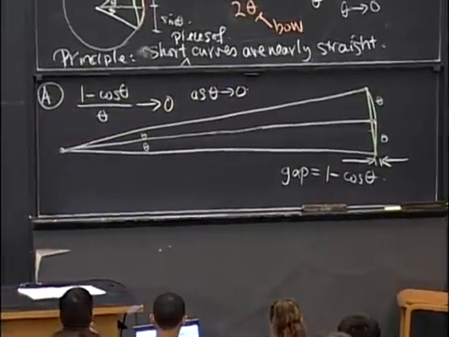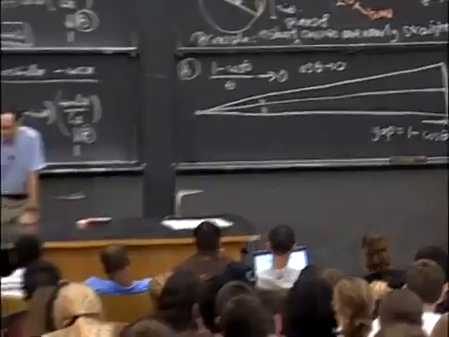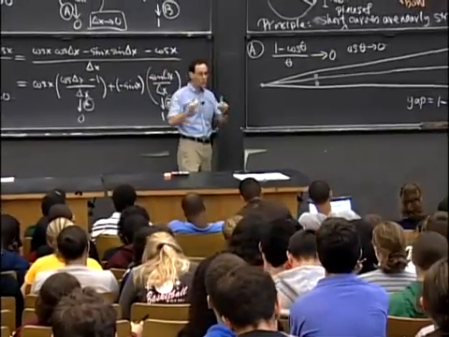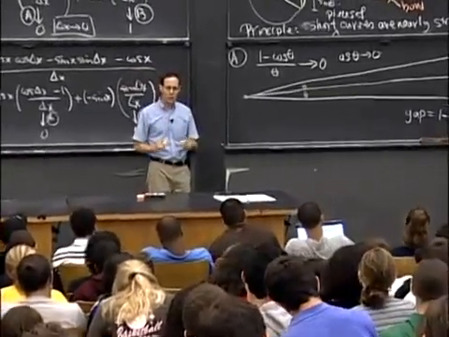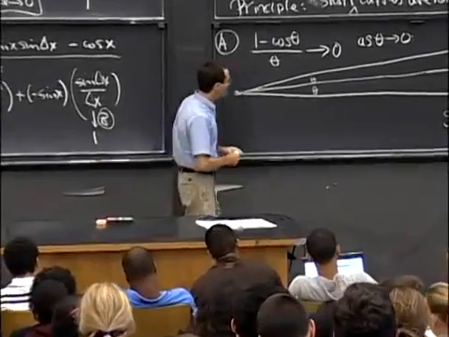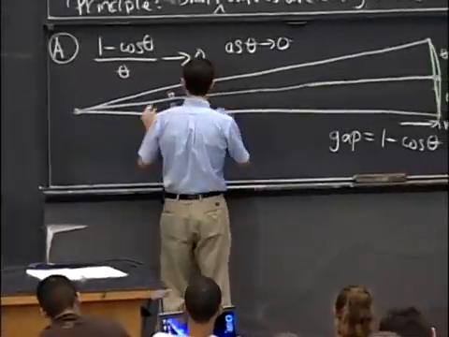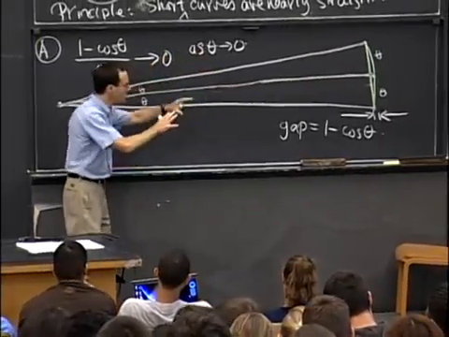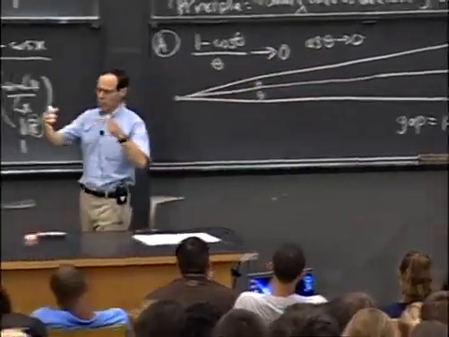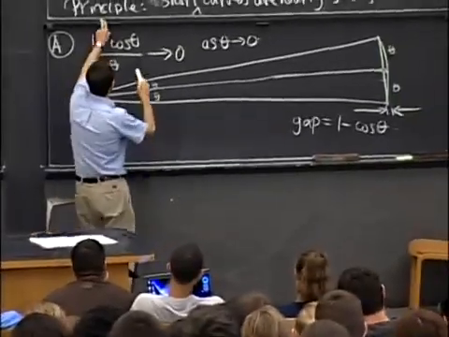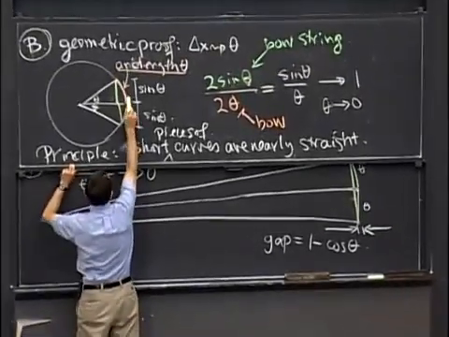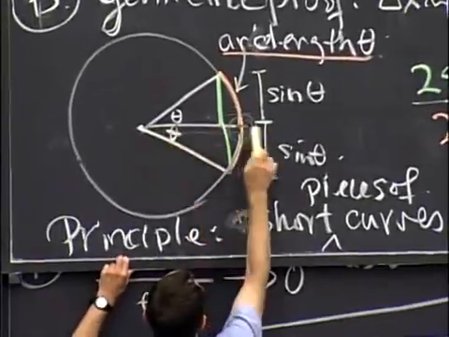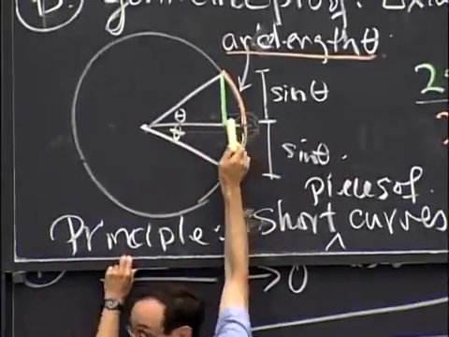Yeah, question down here. The denominator also tends to 0, though? The question is, doesn't the denominator also tend to 0? And the answer is yes. In my strange analogy here with zooming in, what I did was I zoomed out the picture. So in other words, if you imagine you're taking this and you're putting it under a microscope over here, and you're looking at something where theta is getting smaller and smaller and smaller and smaller.